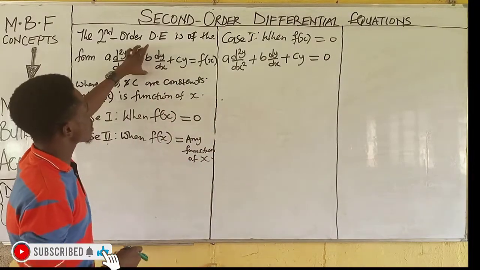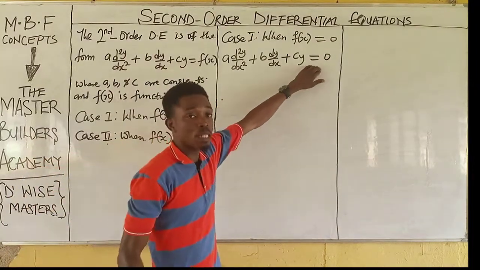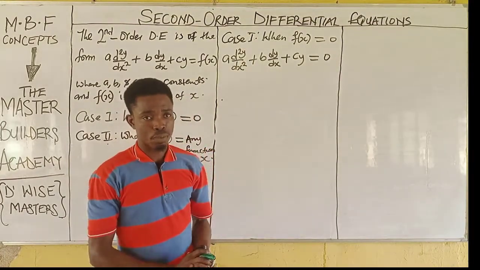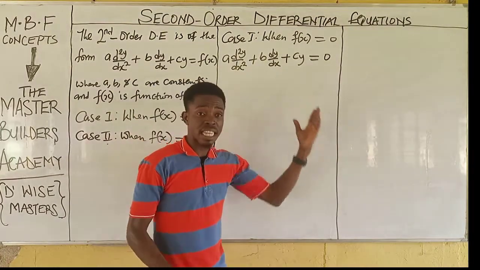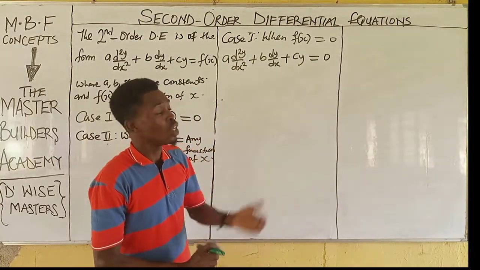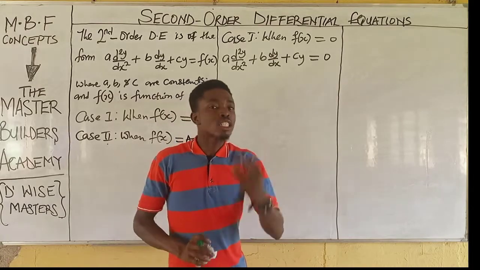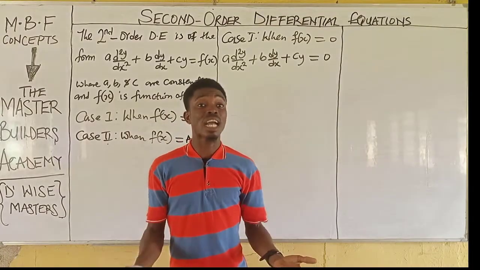So this standard equation has changed to this particular equation where f of x is equal to 0. Now when you have this case, what you simply do is to convert this second order differential equation to its auxiliary equation. And how do you get this done?